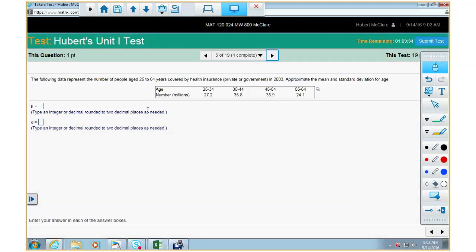Okay? Here's another one. The following data represents the number of people ages 25 to 64 covered by blah, blah, blah. Approximate the mean and standard deviation. This is where you have to use that monster formula we used. Of course, I'll do it on the spreadsheet. Mean and standard deviation. Yep.